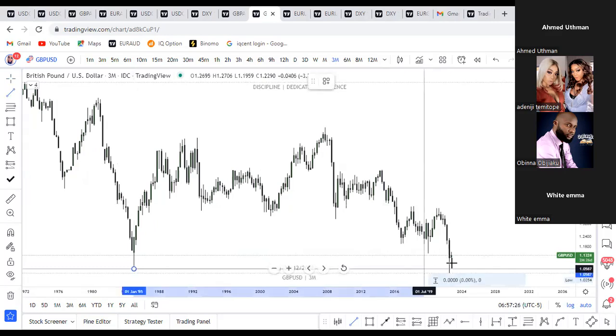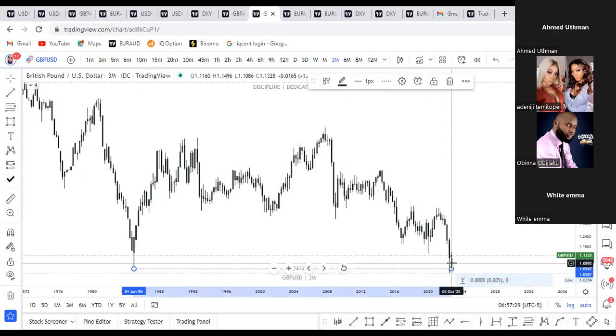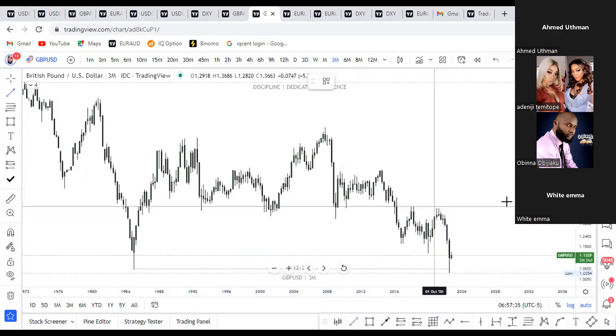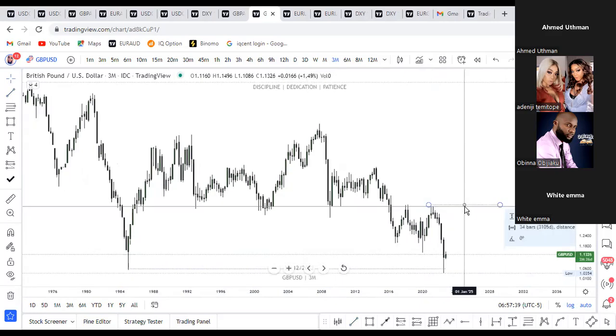This is external range liquidity. This is external range liquidity. 3 month scale.